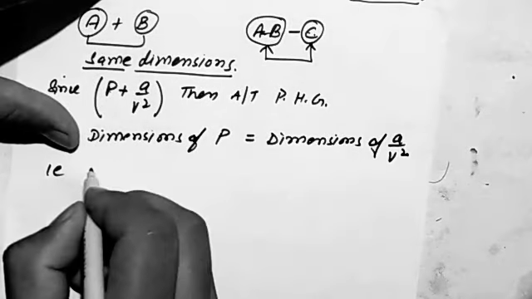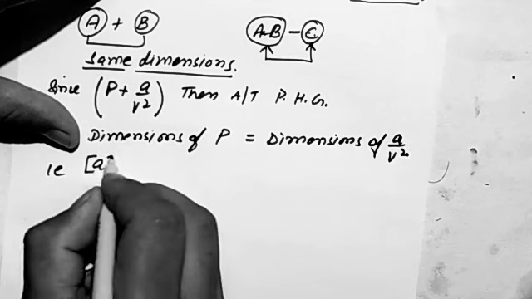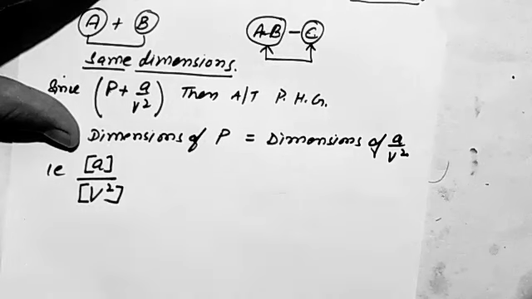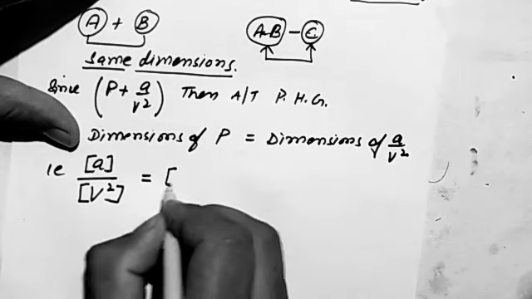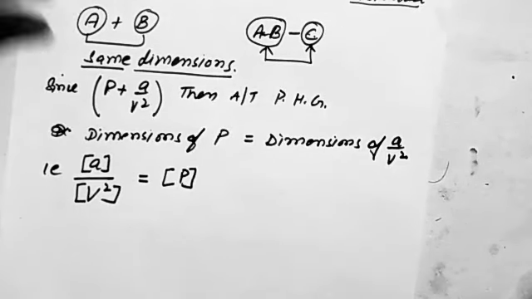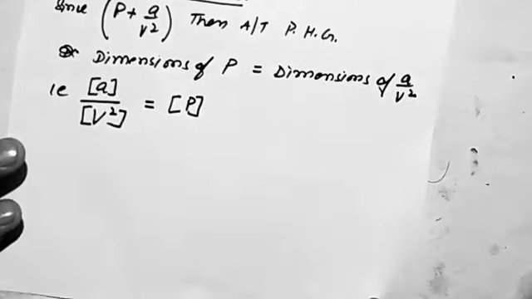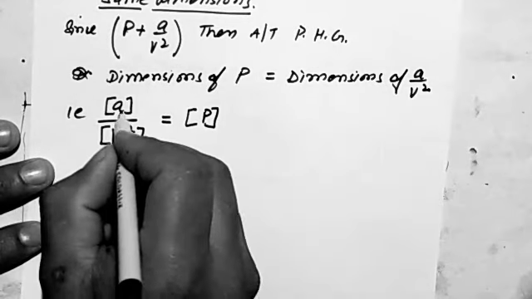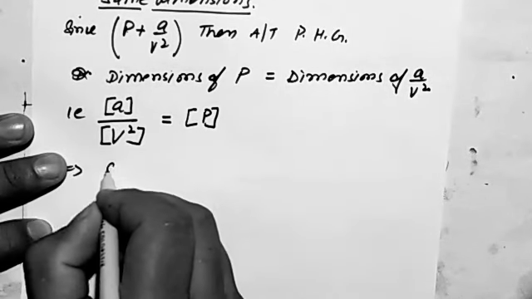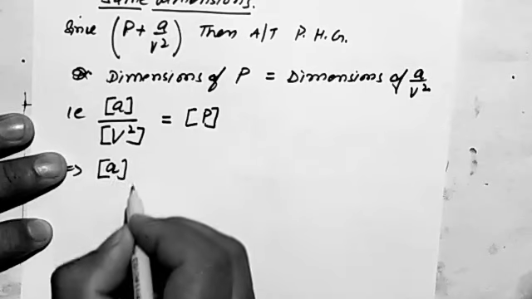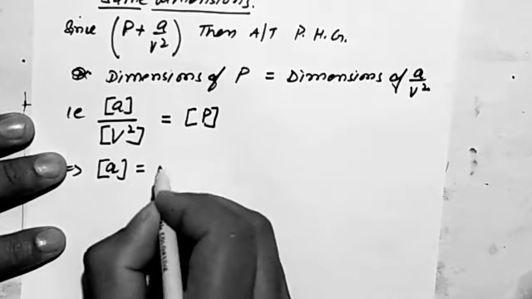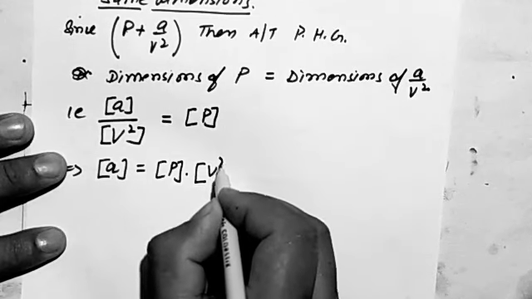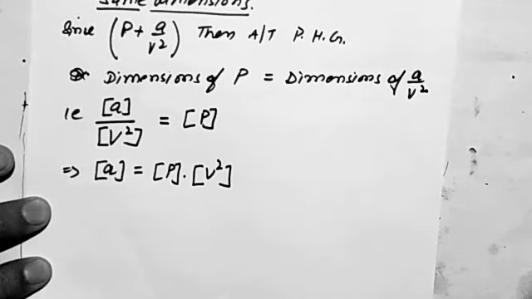I am writing it this way: dimensions of A upon dimensions of V square should be equal to dimensions of P. I am exchanging the sides. So you can solve this now very easily. The dimensions of A are to be calculated, so it is equal to dimensions of P into dimensions of V square.